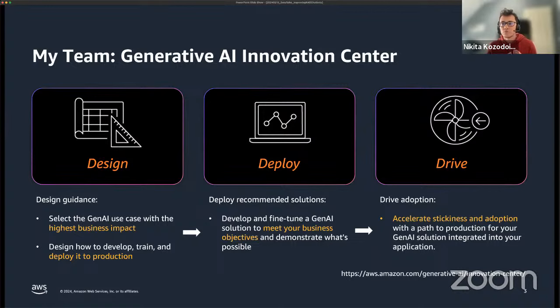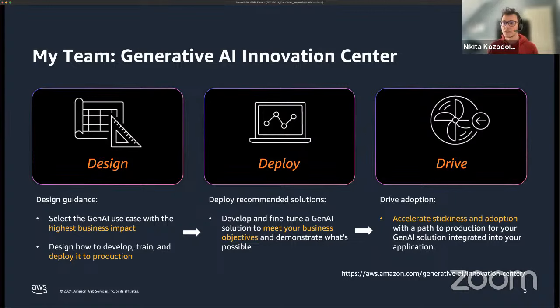As I was mentioning earlier, we try to identify use cases that can be solved with generative AI, with LLMs or with other models that can help in that domain. And then we build a proof of concept. We build first prototypes for the customers so that they can take them and implement them into production, and we support them on the way to production.